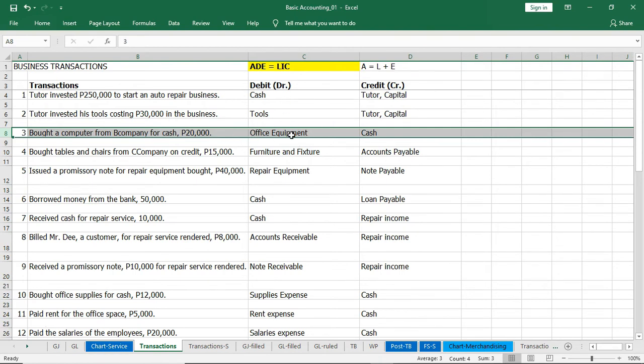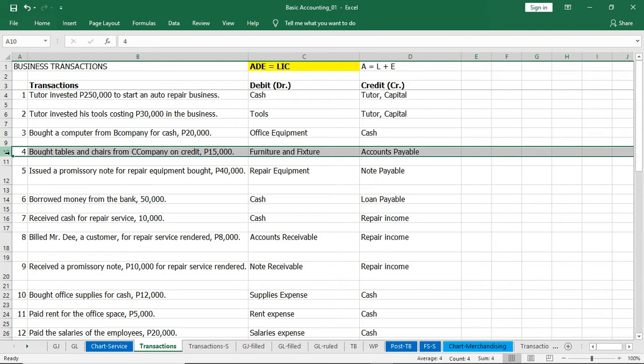So, debit to office equipment. Pero, nabawasan din yung asset in the form of cash kasi binayaran ng cash. So, kabawasan sa asset, kaya siya naging credit side. Kasi kabawasan. Pag-increase sa debit, pag-decrease sa credit, okay? With regards to cash.